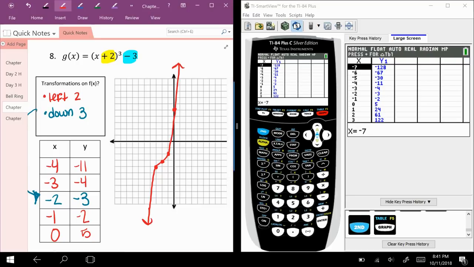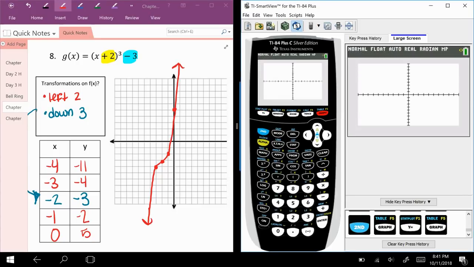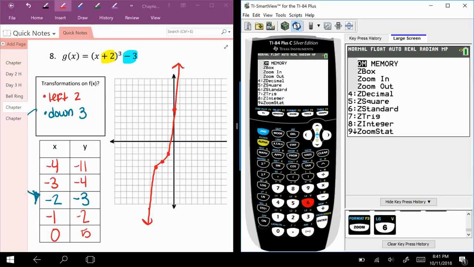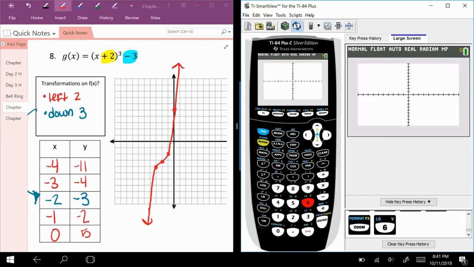Now you can always check your graph by looking at the calculator graph to make sure it kind of looks like what you have. Okay, which ours does. Maybe not as nicely as the graph on the calculator, but remember ours is going up by 50, so this is technically 50 here because we never changed our window. If I press zoom 6, it resets it, and then it looks a little bit better. It looks more like our graph here.